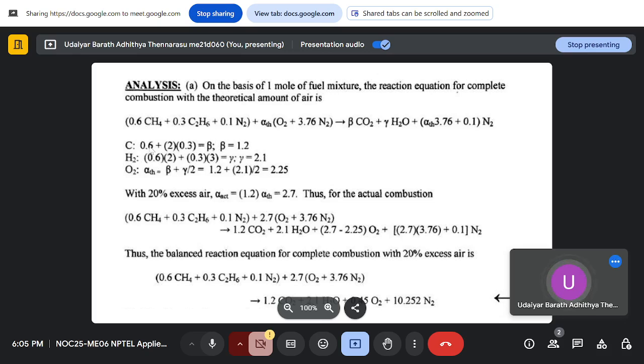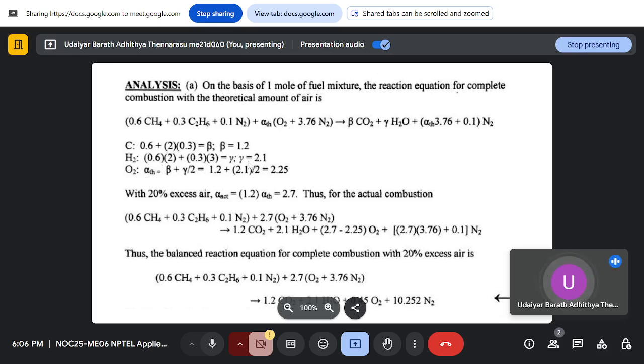With this I get beta as 1.2 straight away. Next we do a balance for hydrogen. Here we are doing H2, so 0.6 into 2 plus 0.3 into 3 equals 1 times gamma, so gamma is 2.1.